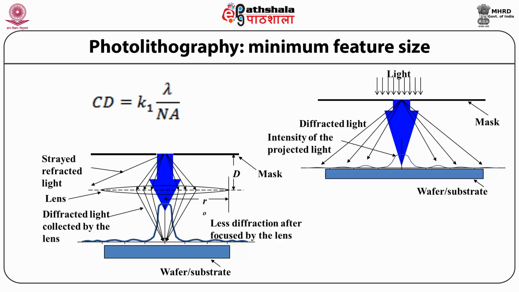The minimum diameter of the spot size or irradiated zone is also the smallest feature one can write.